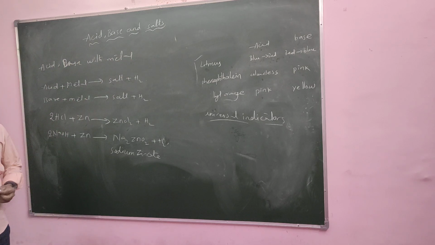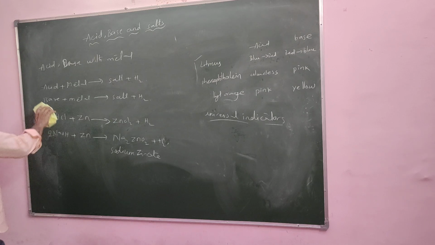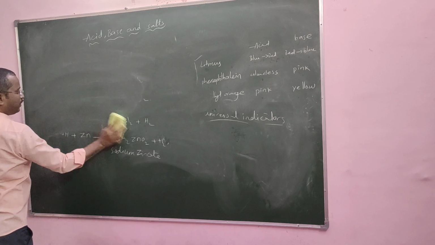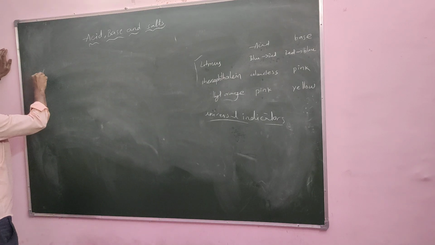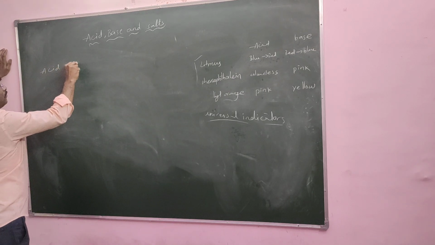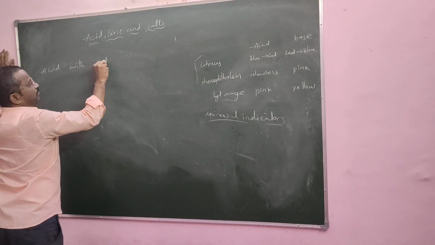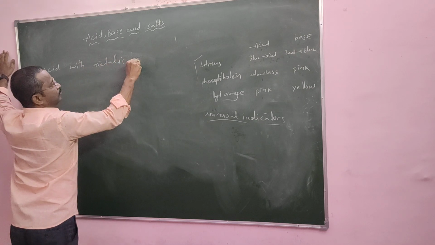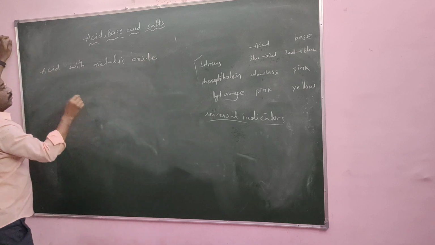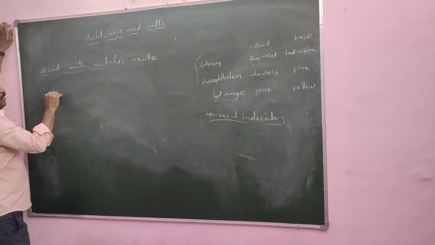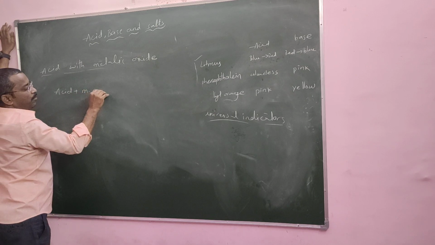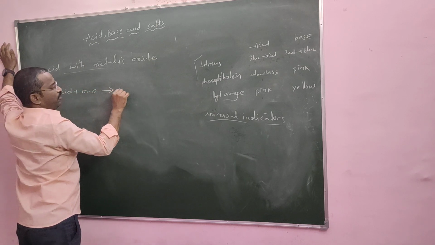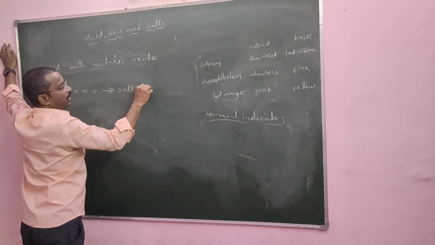And the second property, when acid reacts with the metallic oxide. Acid plus MO, for metal oxide, produces the salt and water.